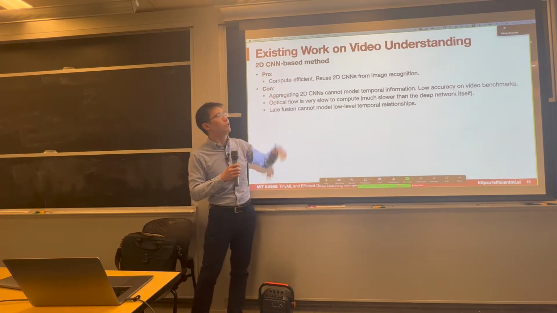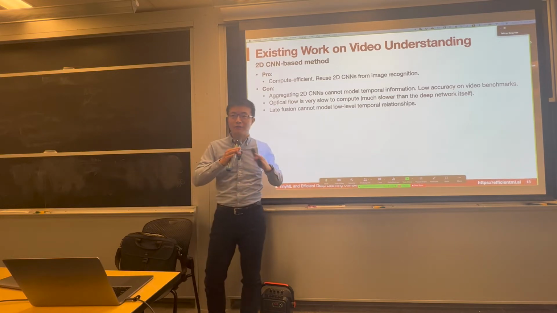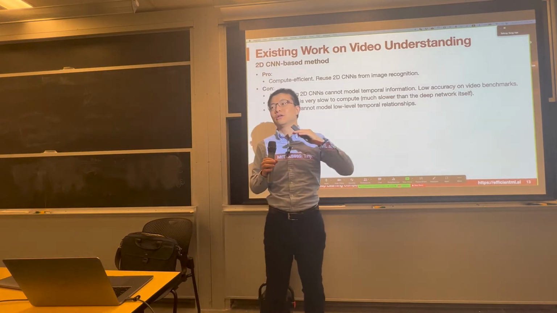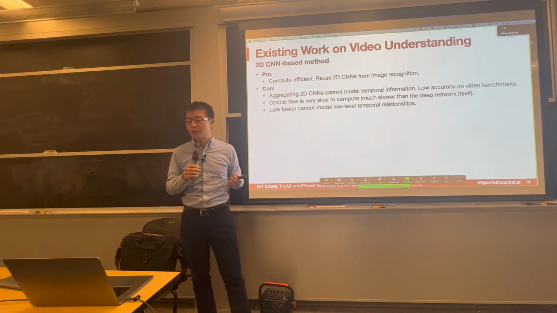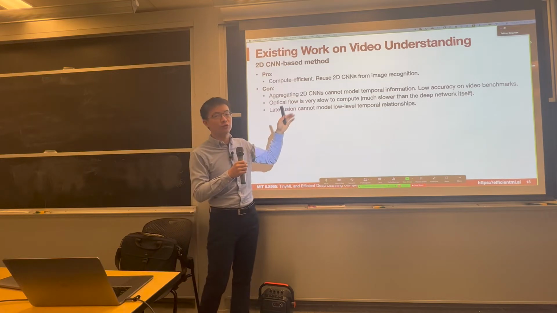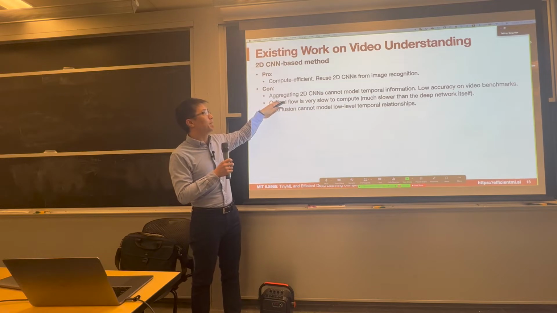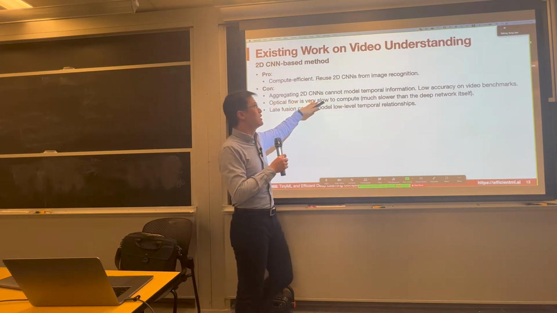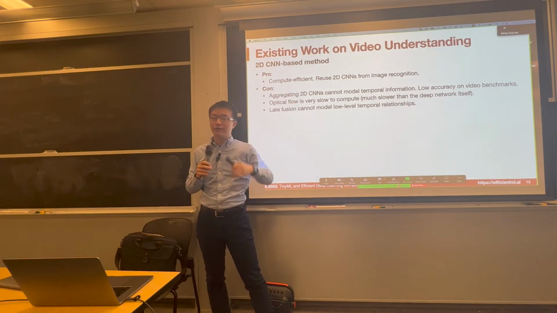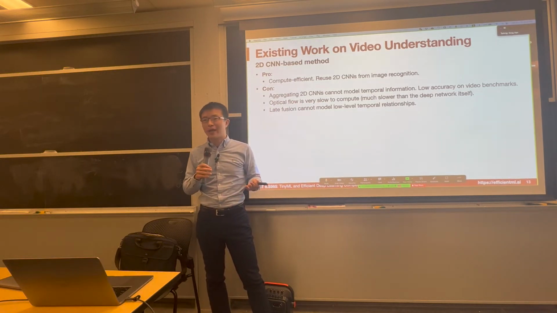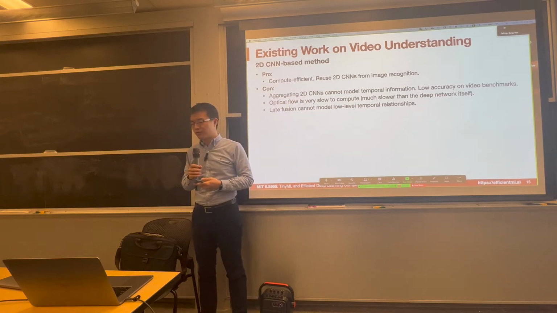So the pro of using those 2D-based methods is that they are very computationally efficient, just batch processing a bunch of images. And we can reuse those 2D kernels for video recognition. And what is the con here? If using the first method, which is just passing each frame individually and doing the averaging in the very end, the accuracy is relatively low, cannot model those temporal information from the beginning.